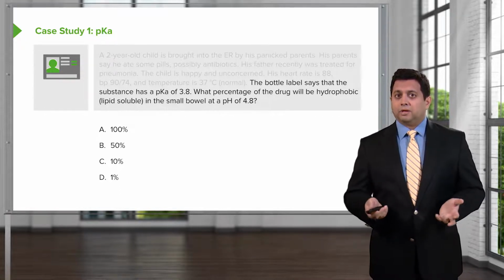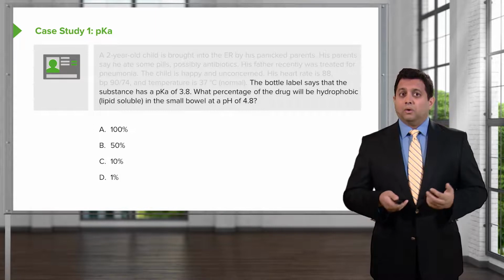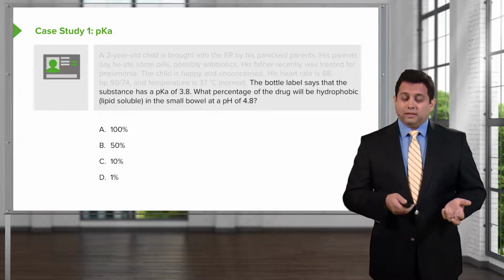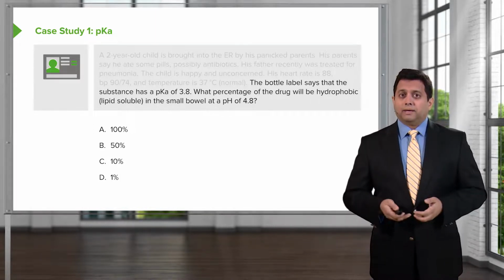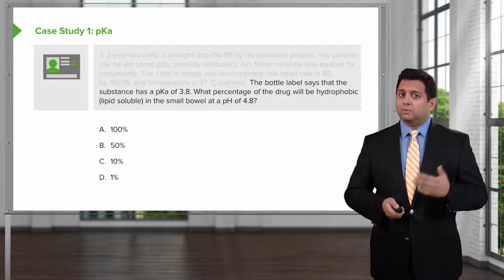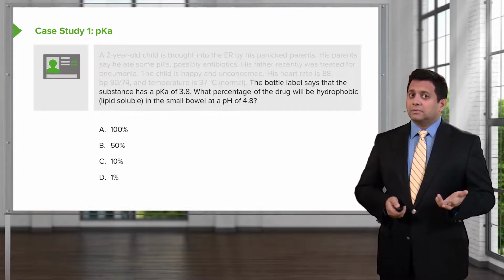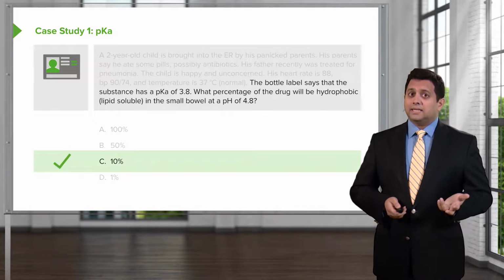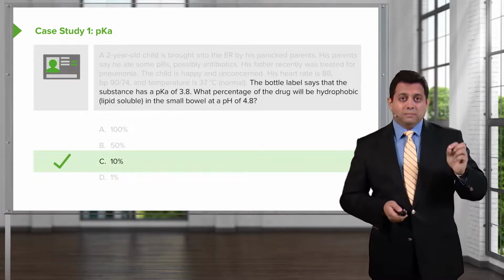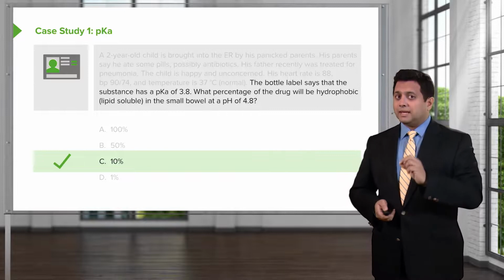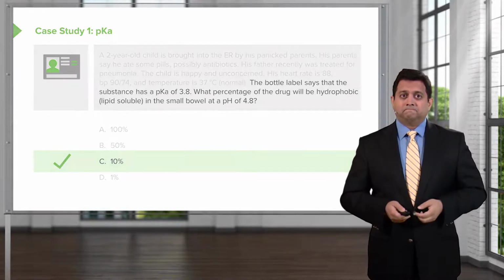What percentage of the drug will be hydrophobic or lipid-soluble or lipophilic in the small bowel at a pH of 4.8? Well, what's the answer? The answer is C, 10%. 1 pH unit difference, 10%, 1:10 ratio.